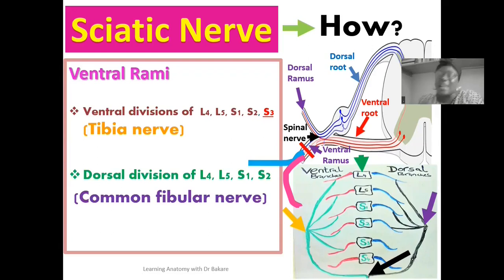So the sciatic nerve, basically going back to the root, is seen to emerge from two subcomponents. One, of course, emerging from the ventral division, which is the tibial component. Then the second component will emerge from the dorsal divisions, and this is the common fibular component. And at this end, each of these components will also be forming their individual nerves.